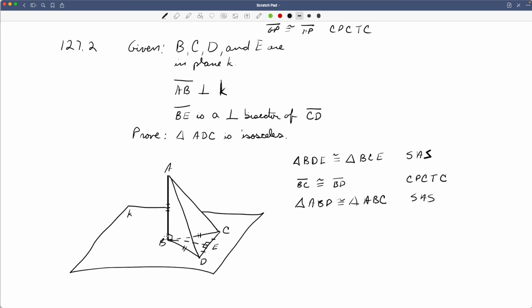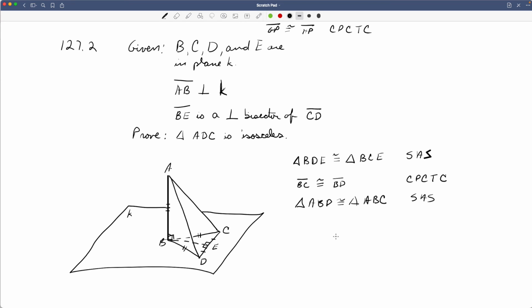So side, 90-degree angle, side, right? Side angle side. Okay, so that means that the angles at B are right angles and BA is the side of both triangles, which we just pointed out.